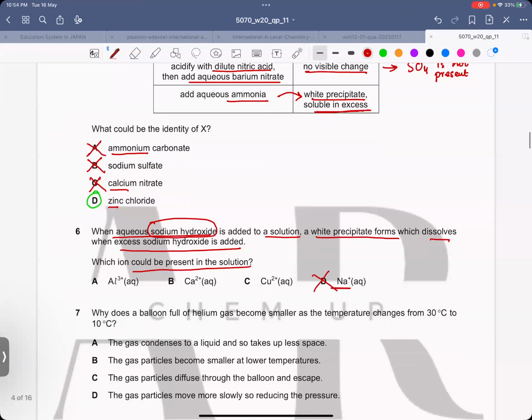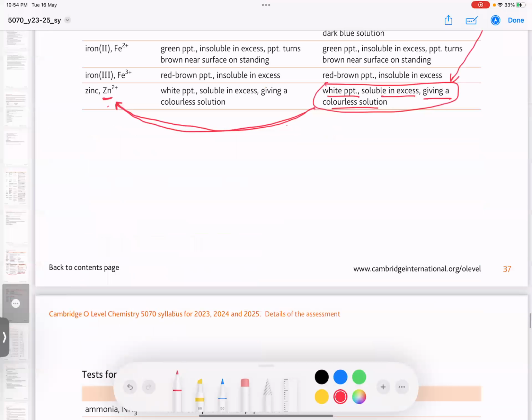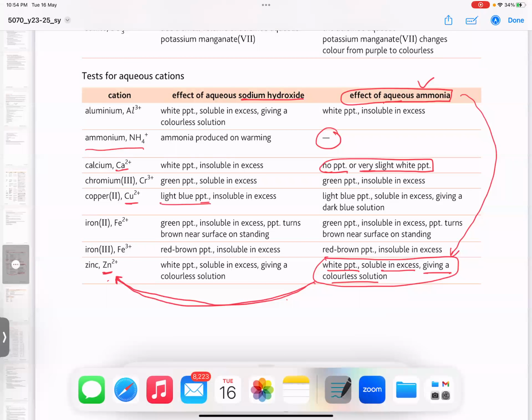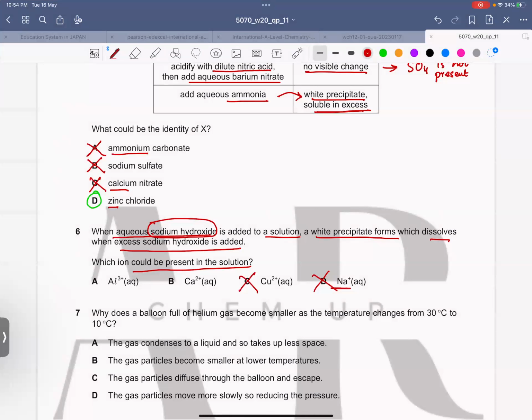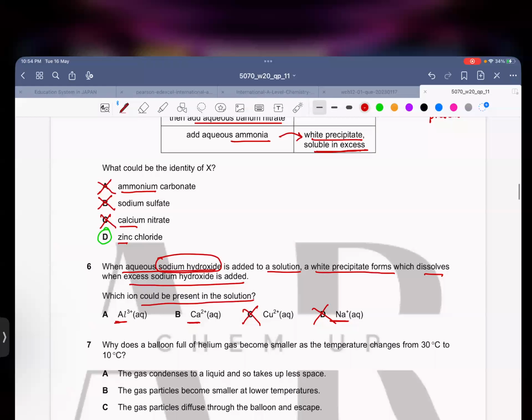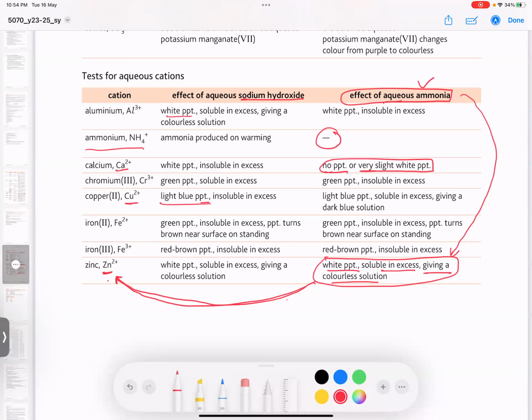If you look at the tests again, on adding sodium hydroxide, copper gives which color precipitate? Light blue precipitate, right? So C is also wrong. Now we are left with aluminium and calcium. With aluminium, white precipitates are formed which are soluble in excess.